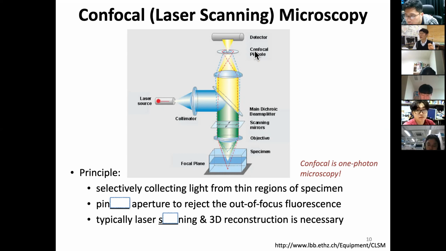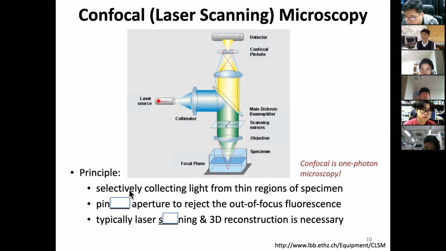So here the confocal pinhole eliminates most of the out-of-focus light and only allows this green, which is the focal plane, to pass through this confocal pinhole. And I have to say confocal is a one-photon microscope, in comparison with two-photon, which I'll describe next time. So here, what are the principles we learned?